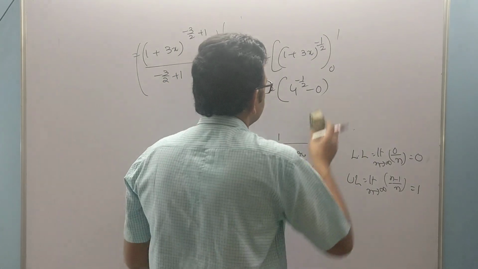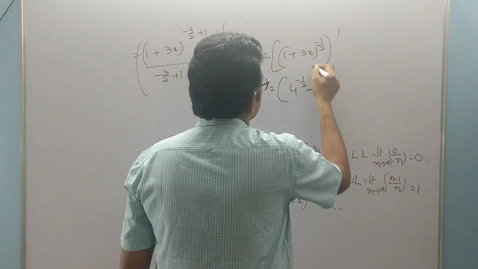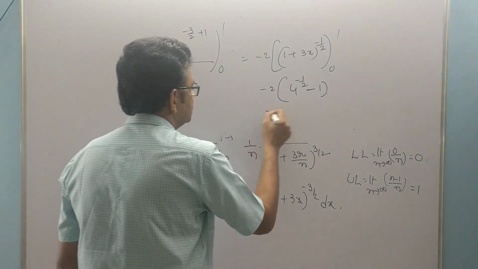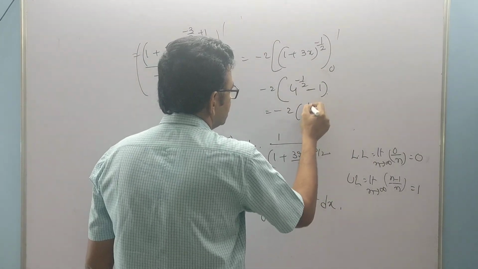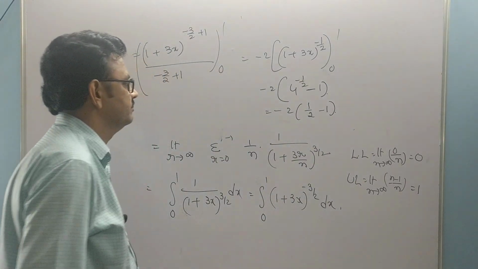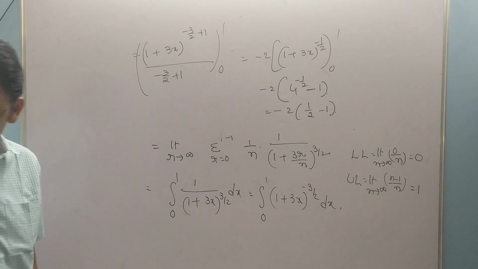At 0, in place of x, write 0, so this is minus 1. So this is equal to minus 2 into 1 by 2 minus 1.